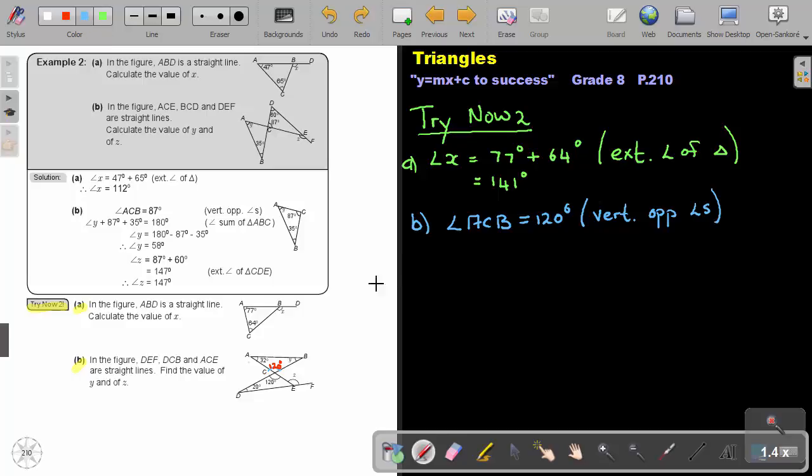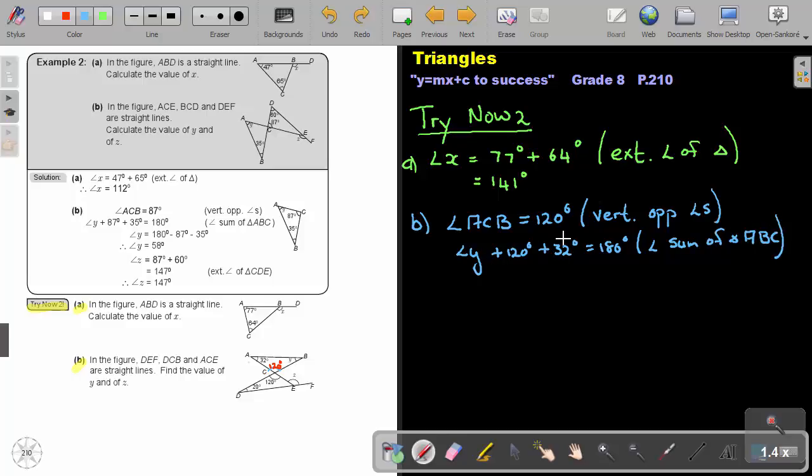So I can form an equation now to find that angle y. I can say angle y plus that 120 plus the 32 will give me 180. And the reason is the angle sum of triangle ABC.